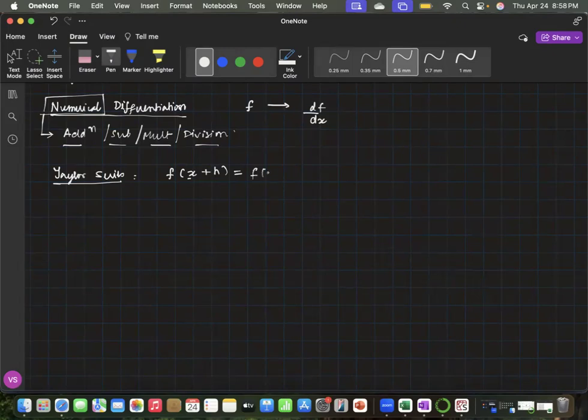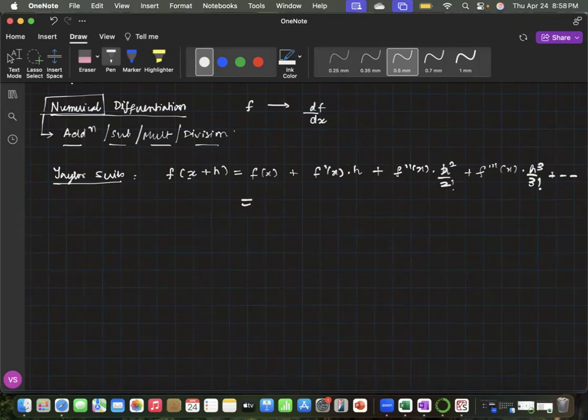So when we do that, that is going to be f(x) plus f'(x) times h plus f''(x) h squared by 2 factorial plus f'''(x) h cubed by 3 factorial, and so on, right?